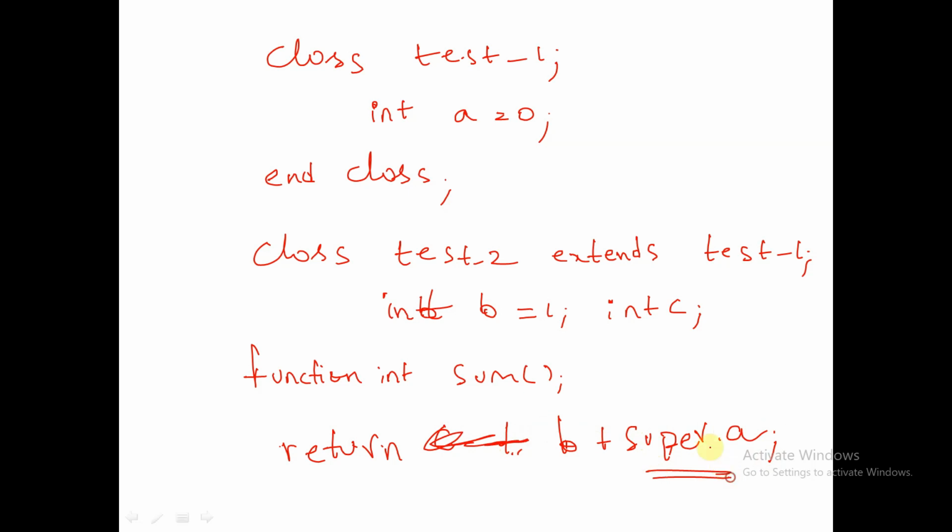So this super dot a is nothing but the property which is declared inside my parent class. So this is referring to the property which is declared inside my parent class.